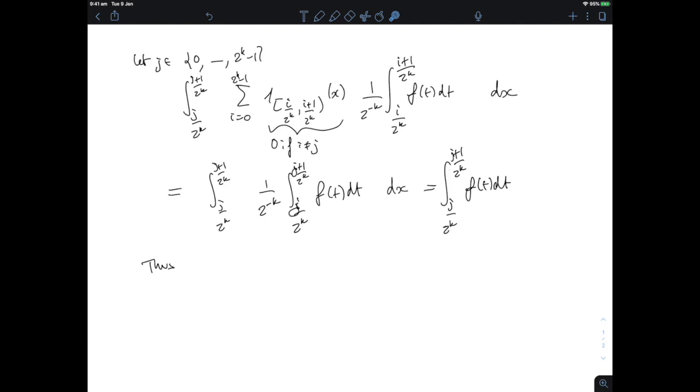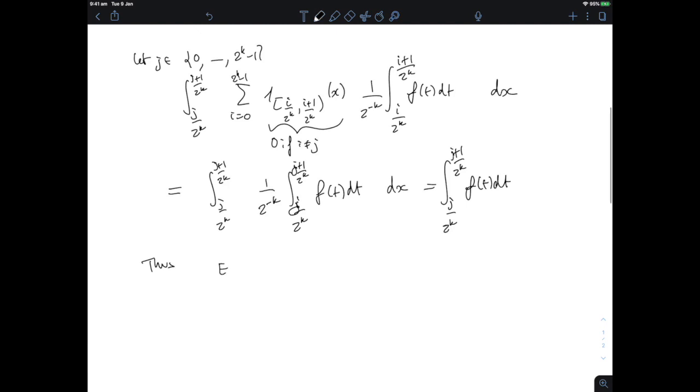So I've proven that this function here exactly satisfies the definition of a conditional expectation. It's equal on every interval in Dk to the integral of f over that interval. Now, what does that tell me?